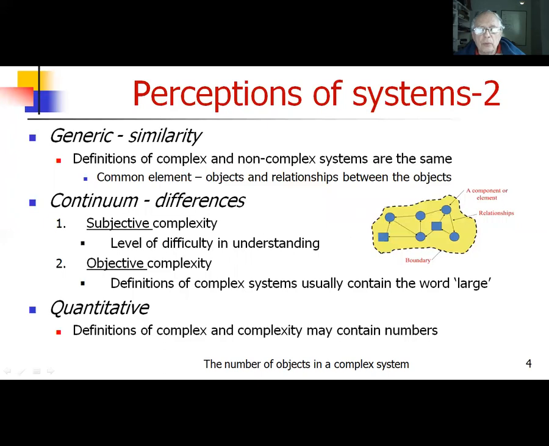There's a difference between subjective and objective complexity. Hillary Sillitto pointed that out in his INCOSE paper. And from the quantitative perspective, some definitions of complex and complexity may contain numbers, but they're all different, and there's generally no justification for the numbers.